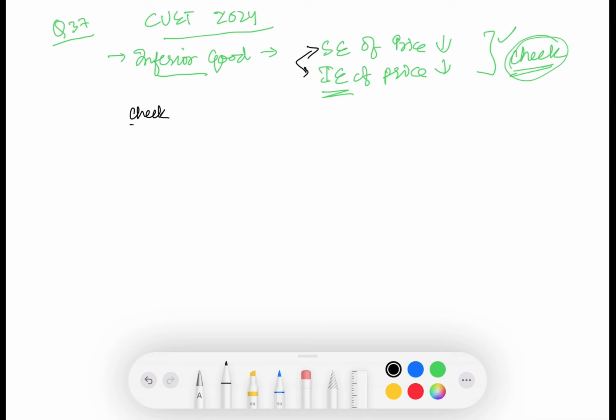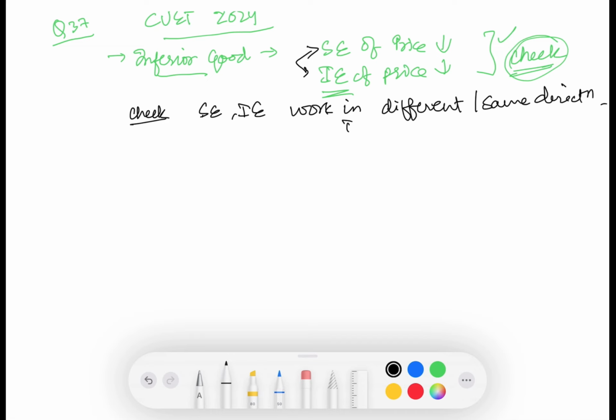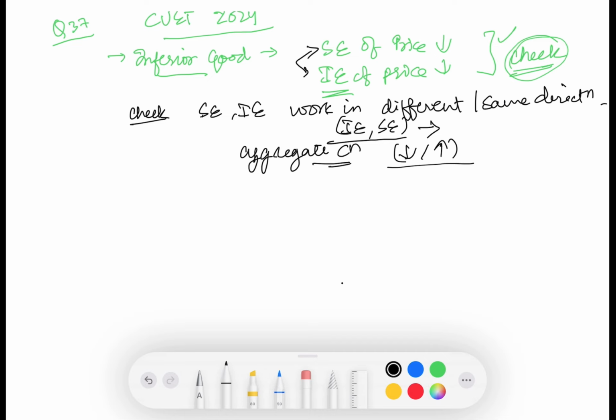We have to check whether substitution effect and income effect work in different or same direction, and what happens to the income effect and substitution effect eventually, and what happens to the aggregate consumption of the good, whether it falls or it rises, right?